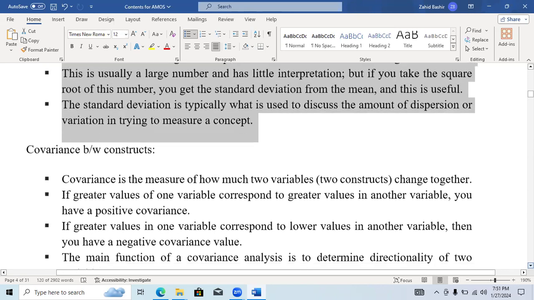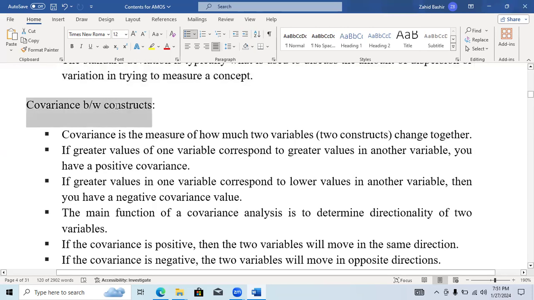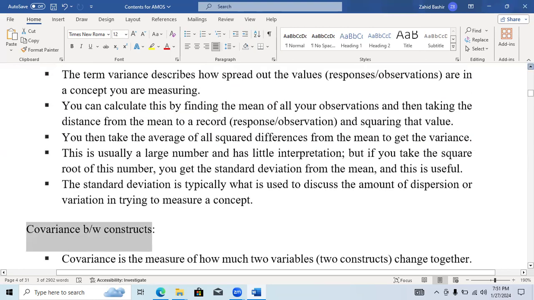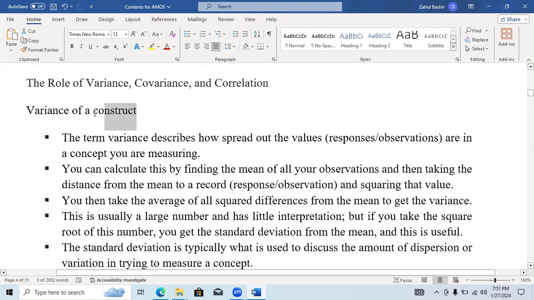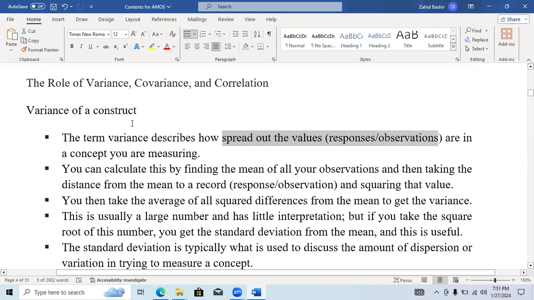So what is covariance between constructs? If you are taking the variance of two different constructs and you are measuring them all together, this becomes the covariance between constructs. In the previous concepts, we were discussing the variance of a single construct, where you are seeing how values differ across a number of observations which measure a single construct.